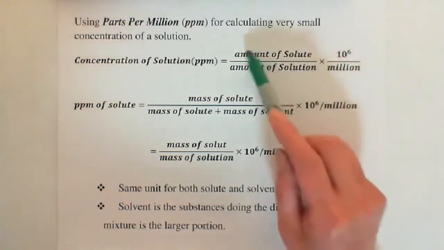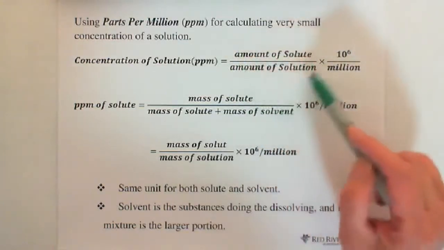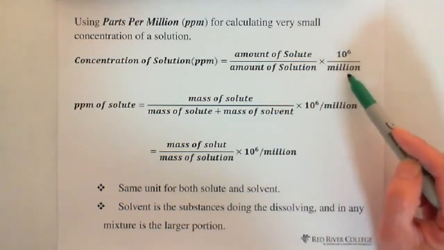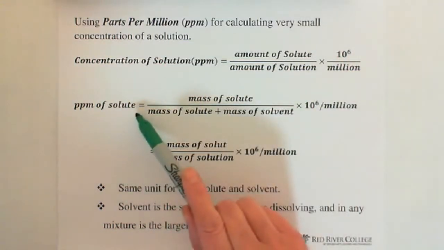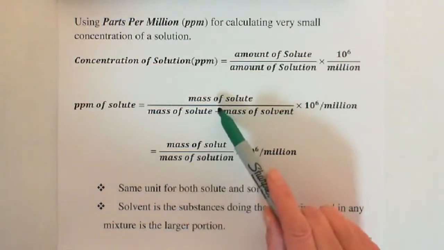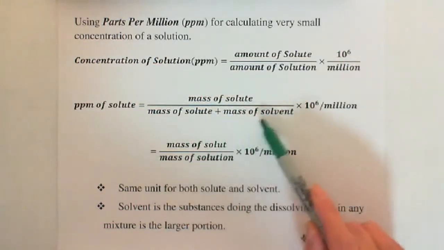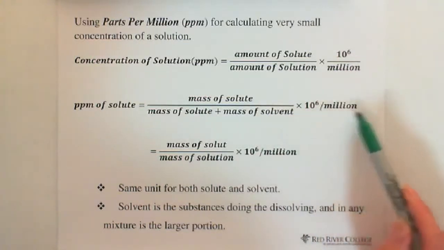But when we got this number, which is a fraction, then times 10 to the 6, you got the per million. So ppm of solute is mass of solute over mass of solute plus mass of solvent, and multiply 10 to the 6 per million.